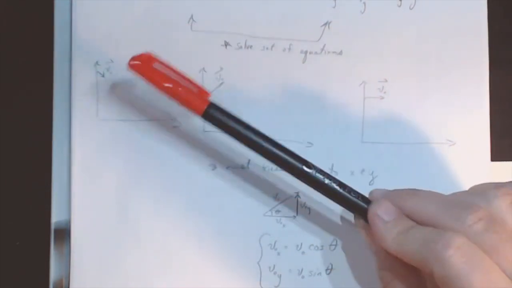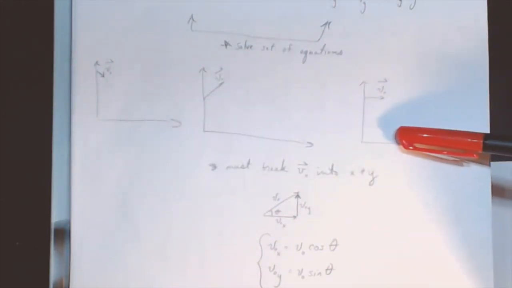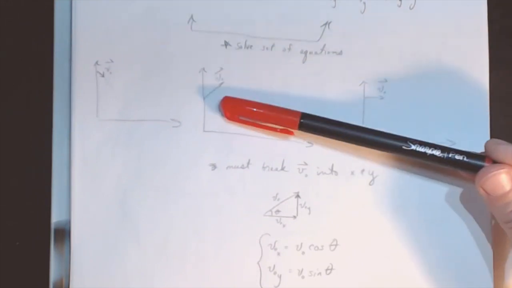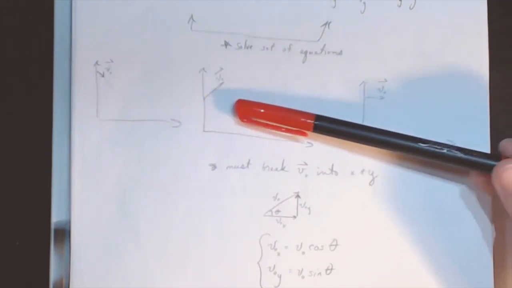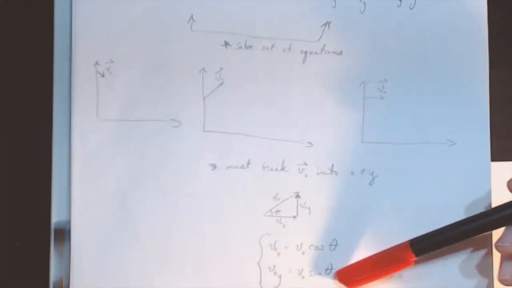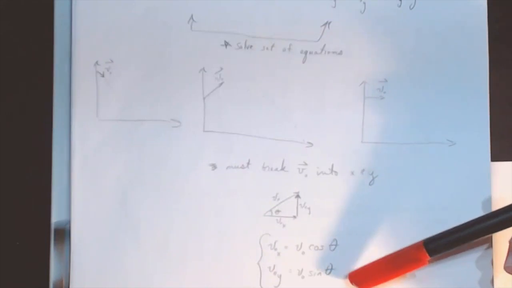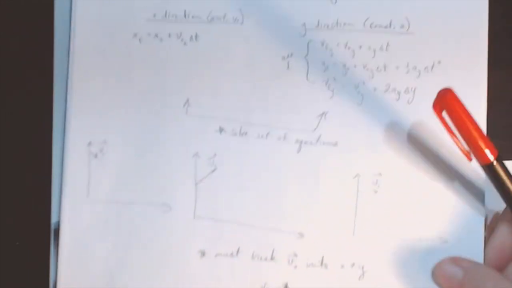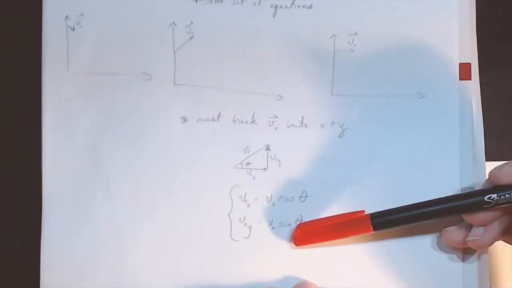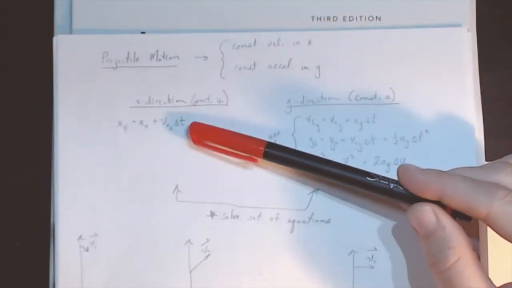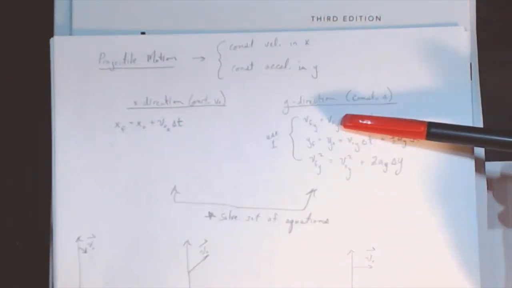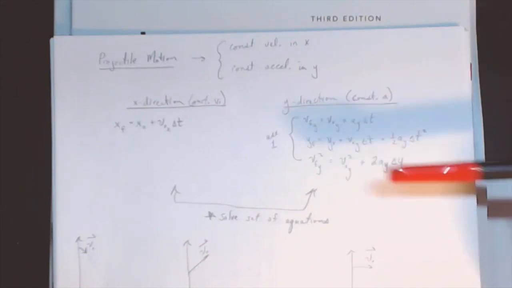The phrasing you'll get in your word problem will be something like: was launched horizontally, was launched with some angle above the horizontal, or was launched with some angle below the horizontal, in which case the theta here is the angle given. You have to know your x and y components because you need to write them in for your initial velocity in the x direction and that initial velocity in the y direction that you have in all of these problems.